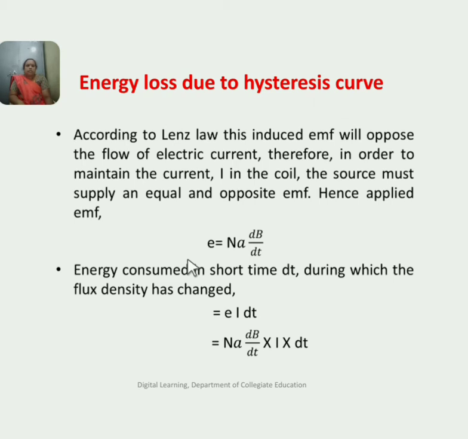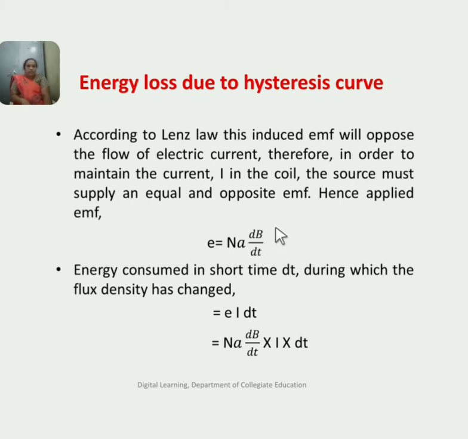According to Lenz's law, this induced EMF will oppose the flow of current. Therefore, in order to maintain the current I in the coil, the source must supply an equal and opposite EMF. Hence, the applied EMF is given by E equal to NA dB by dt.